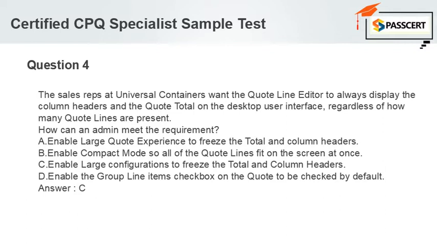B. Enable compact mode so all of the quote lines fit on the screen at once. C. Enable large configurations to freeze the total and column headers. D. Enable the group line items checkbox on the quote to be checked by default. Answer. C.